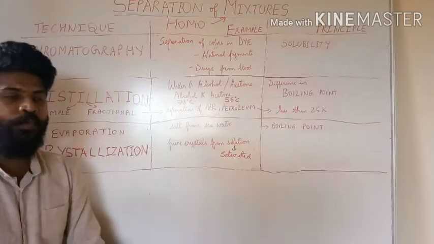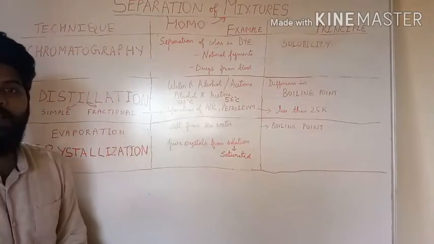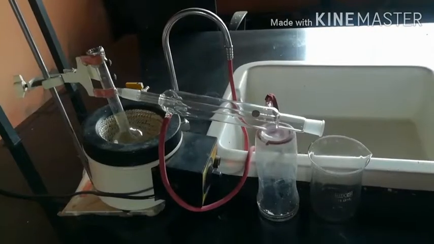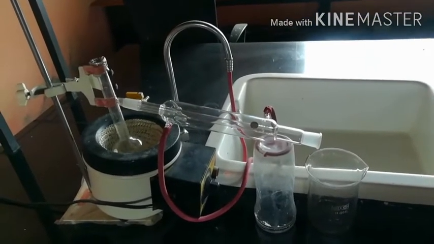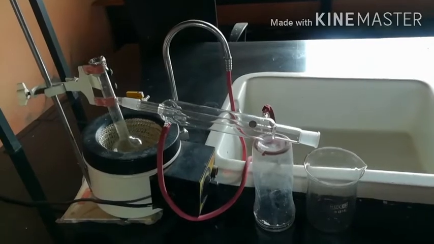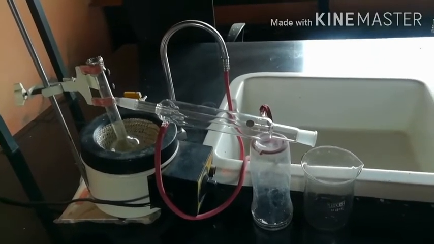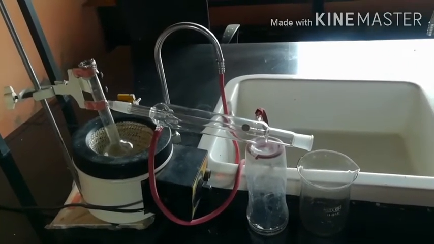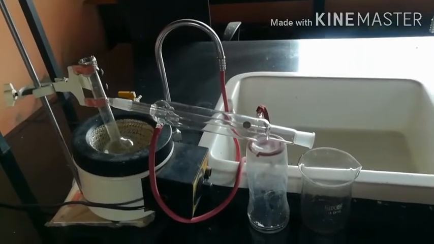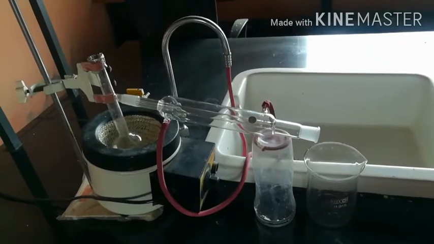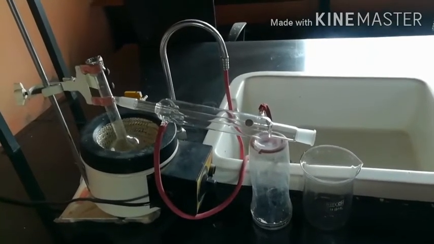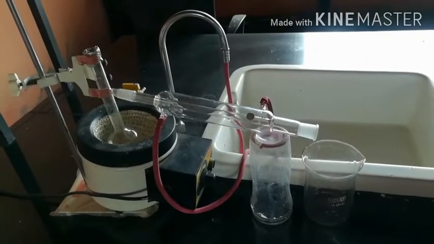So let us now look at the activity of simple distillation. This technique is used to separate two miscible liquids, that is a homogeneous mixture. For example, alcohol and water, alcohol and acetone. In this technique, we use the difference in boiling point of the two liquids.